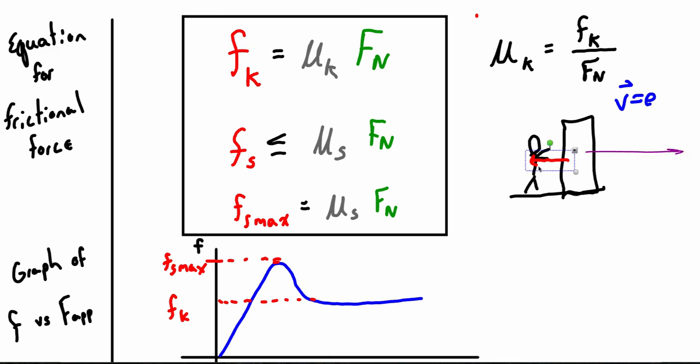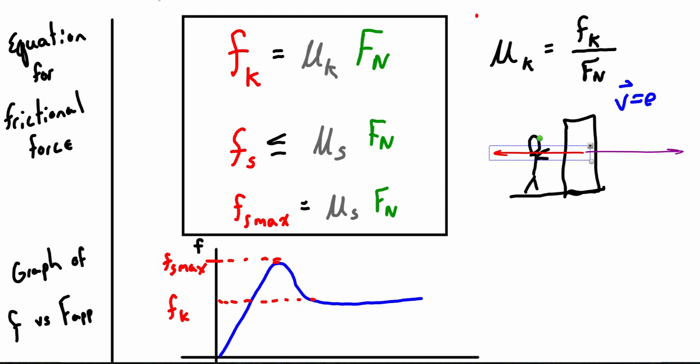Well, now your frictional force has to also increase until you get to a point where finally you break the static friction and then the object starts to move. So once you have applied enough force, your frictional force is going to drop.